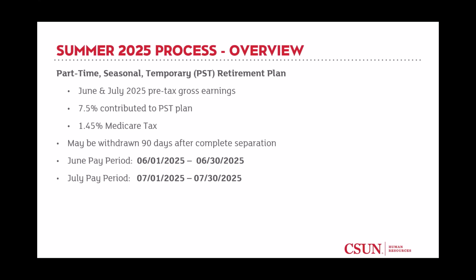It may be withdrawn 90 days after a complete separation from any employment on campus. Just to reiterate, it is applied for the June and the July pay period. So these are the dates associated with that. Like I mentioned, they don't always line up with the start and the end of the month. Sometimes there's variance in the dates.